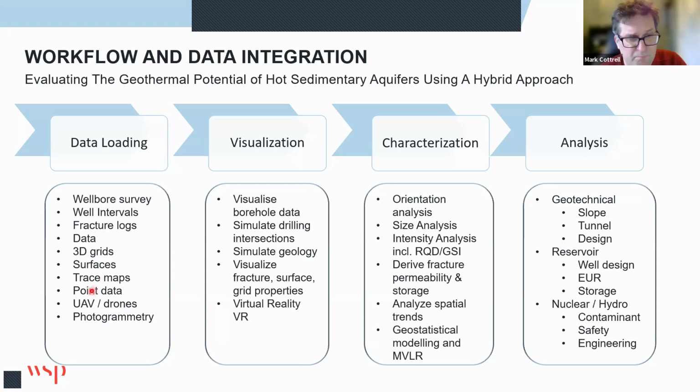It could also be seismic survey data. So there are lots of data types out there that we can routinely use to help us build rational and realistic subsurface models.